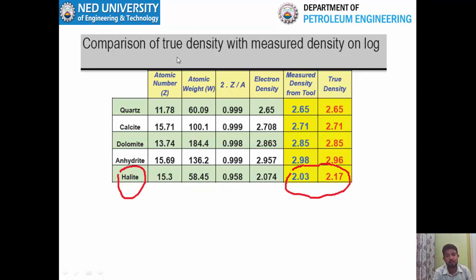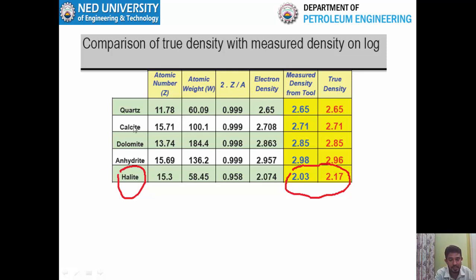As mentioned, for the majority of formations the electron density and the true density are the same. For example, sandstone, quartz: the electron density as measured by the tool is 2.65, because for quartz 2Z upon A is approximately equal to 1. So the electron density as measured by the tool is equal to the true density.